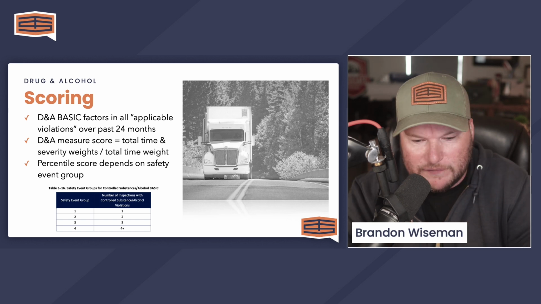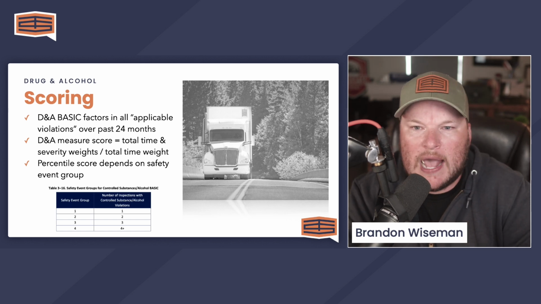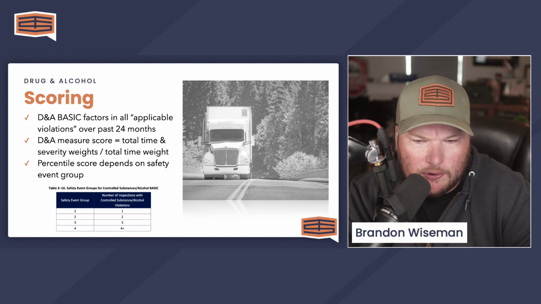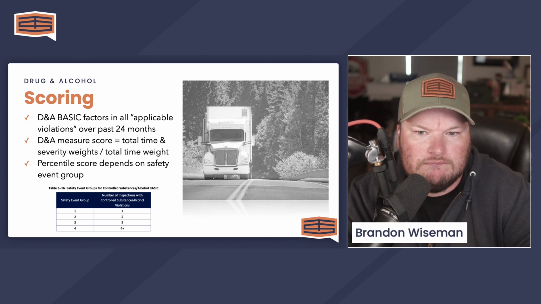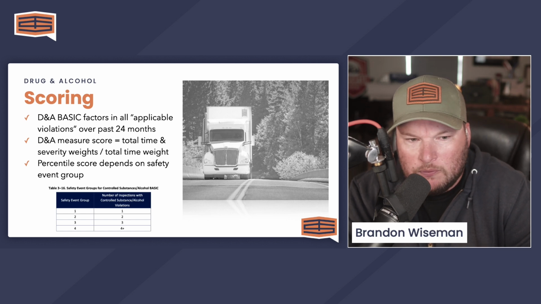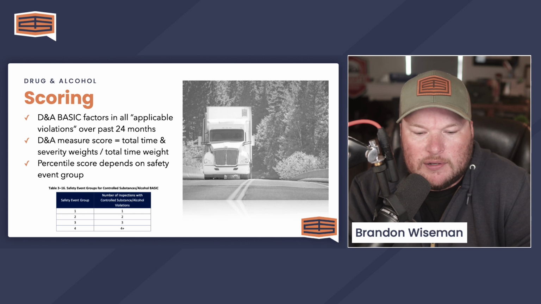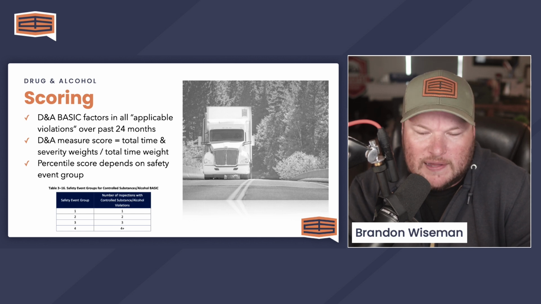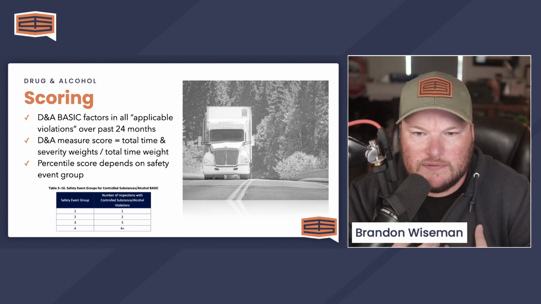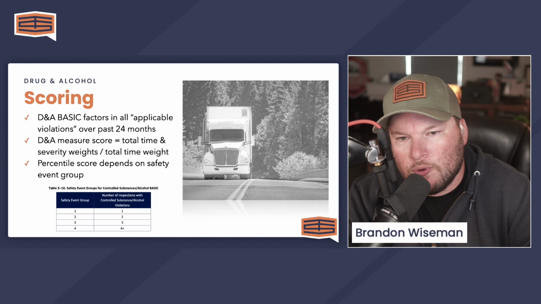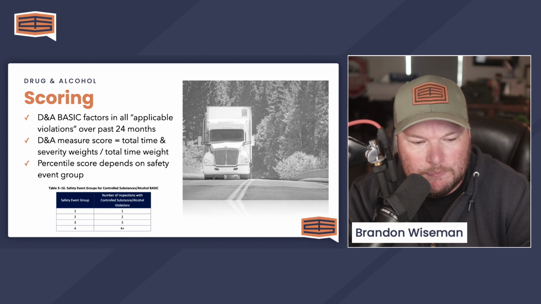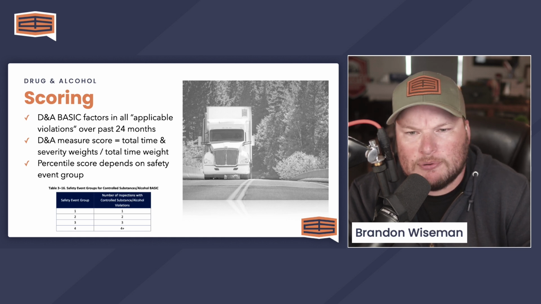So, for example, you may have an absolute measure score in the drug and alcohol basic of 2. What does 2 mean to anybody that you're telling that to? It doesn't mean anything. That's just how you're performing relative to yourself. The more important score, often the one that people are more familiar with, is the percentile score.